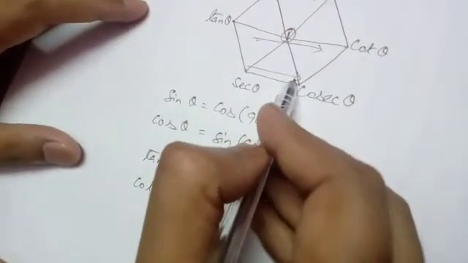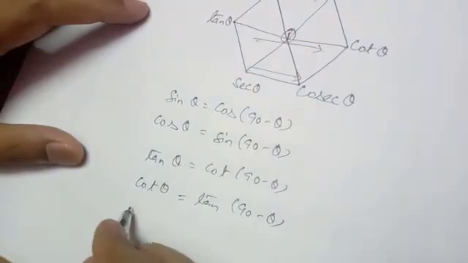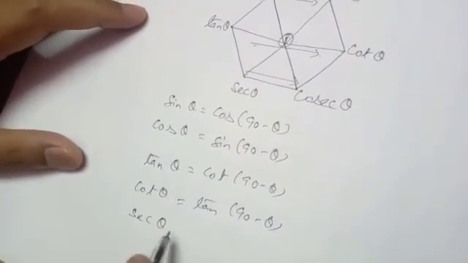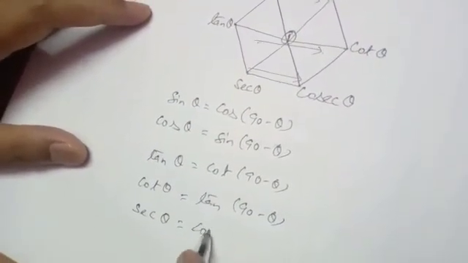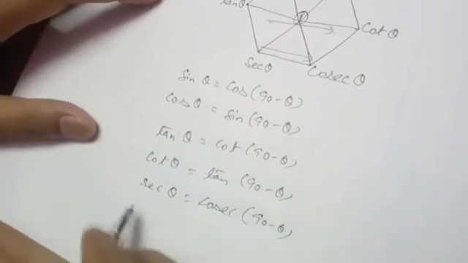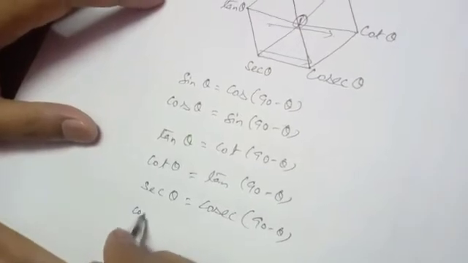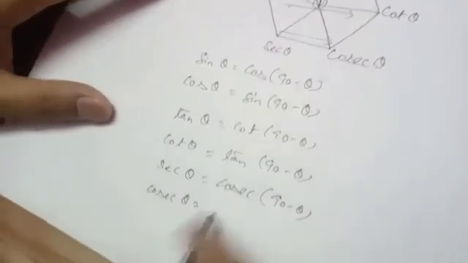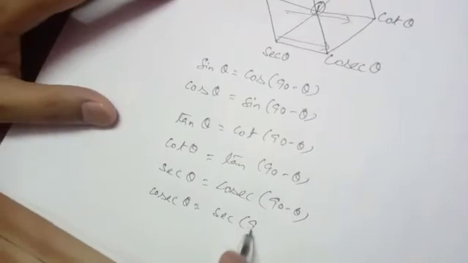When we look at the third arrow, it is directing from sec theta towards cosec theta. So sec theta would be equal to cosec of 90 minus theta, and cosec theta would be equal to sec of 90 minus theta.